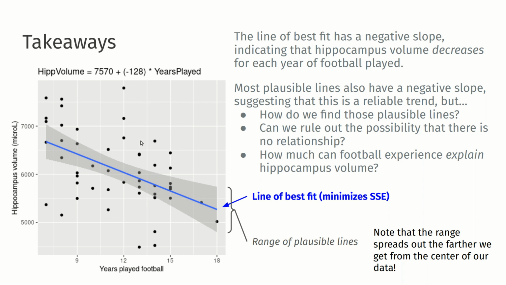And this is something that we talked about when we initially discussed linear regression, that extrapolation, that is to say predicting a value that's outside the range of the data that we've observed, is tricky business, and is not always something that we are either able to do or even that would be advisable to do. And that's reflected in the expansion of this gray region here, representing where we think most of those plausible lines are going to fall.